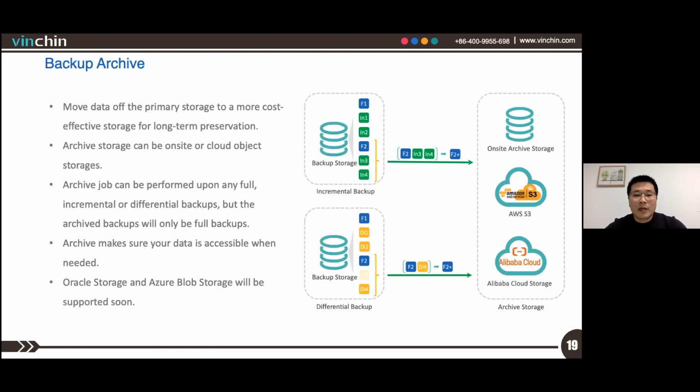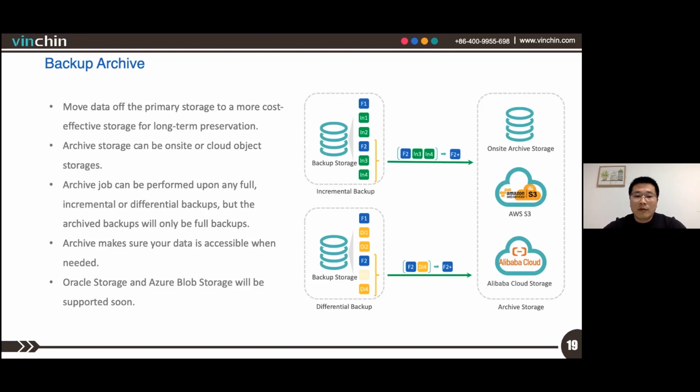And the backup archive feature can be used to archive your backup data to more cost-effective storage for long-term preservation. Data which is no longer being used or is inactive but still has business value can be archived. This makes sure the data is accessible when needed.